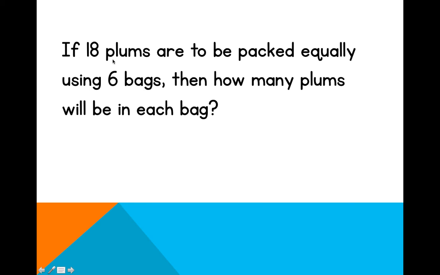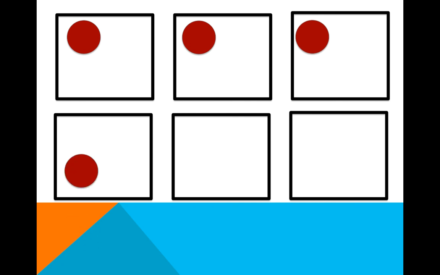So if 18 plums are to be packed equally using 6 bags, then how many plums will be in each bag? So that's the same problem now with bigger numbers, right? There are now 18 plums, and now there are 6 bags. And now we have to figure out how many plums will go in those bags. So let's see. We have 6 bags. And I can do the same thing. I can one by one distribute the plums.